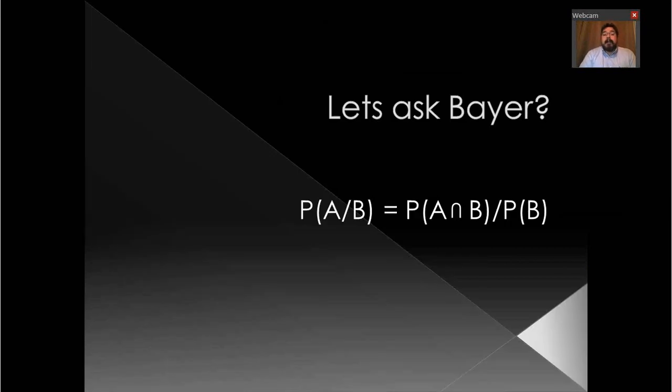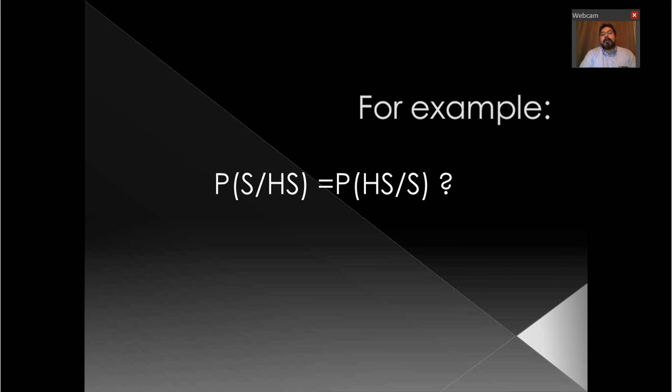Let's ask Bayes. The theorem says that the probability of an event A happening after an event B already has happened is the probability of the intersection of both events divided by the probability of the event that already took place. Now, what we are trying to find out is whether the probability of success due high sales is the same as the probability of high sales due success.